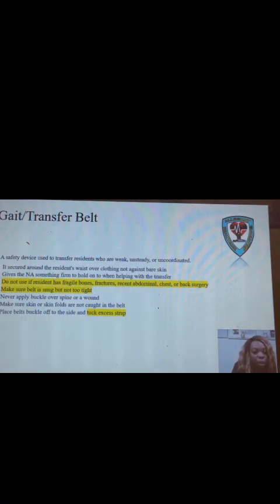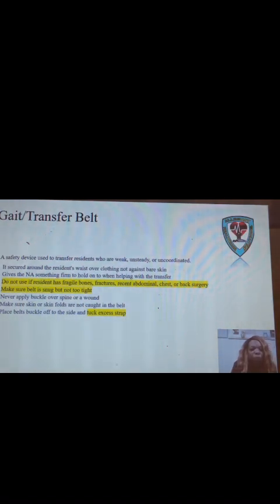Make sure that the skin is dry and that the belt is not directly up against the skin under skin folds. Once you get the belt in place, you tuck the excess strap.